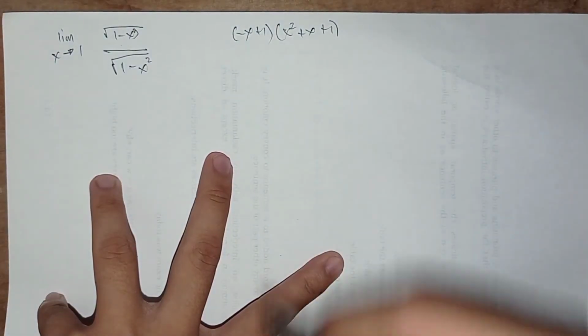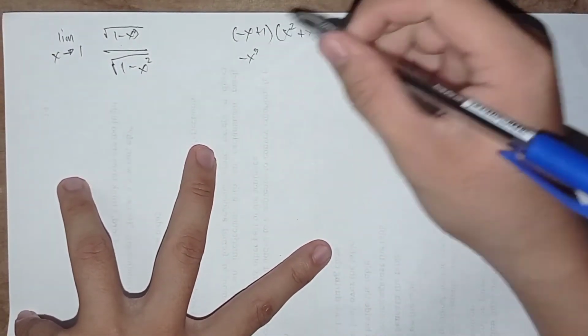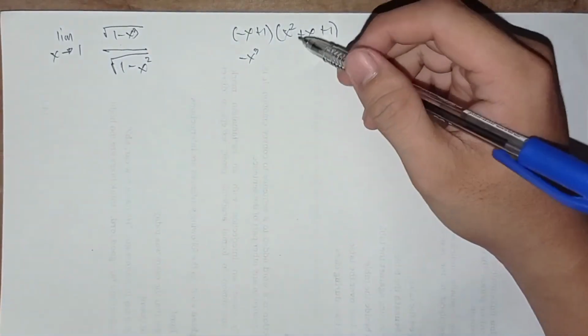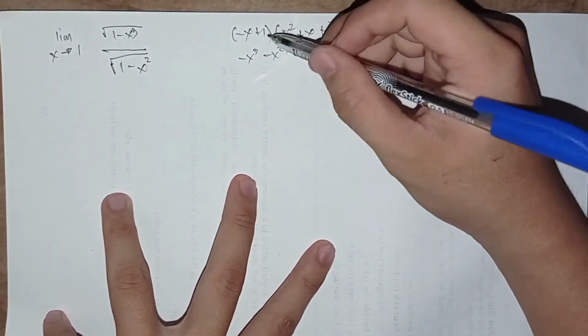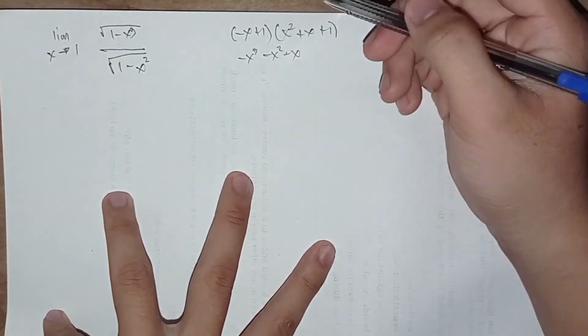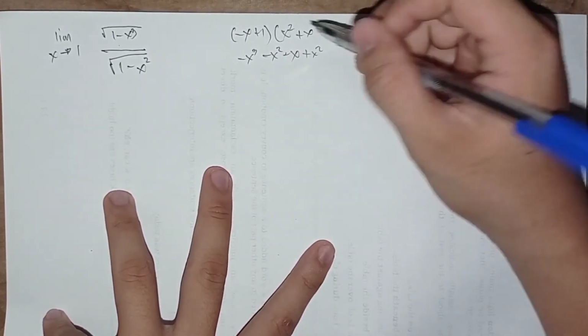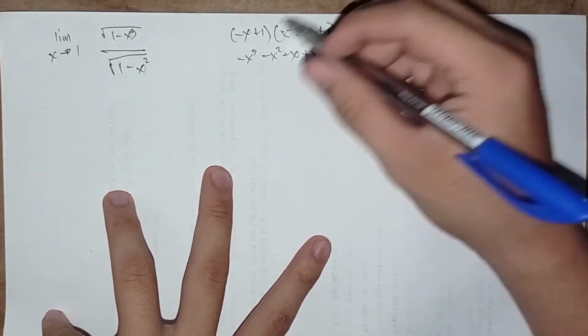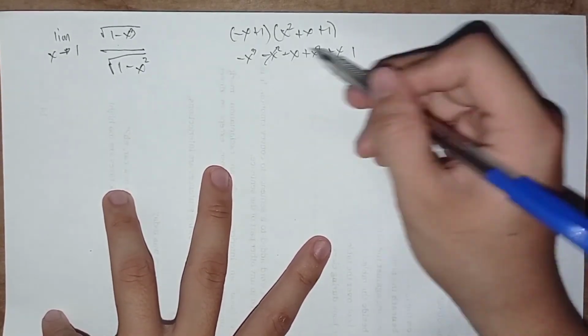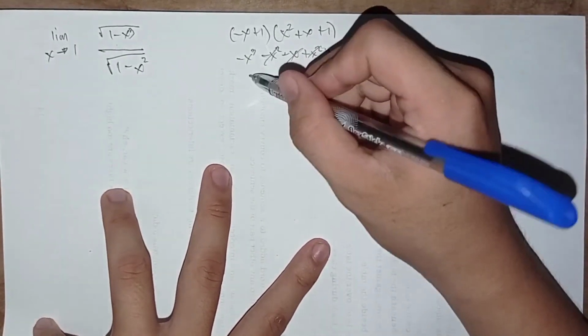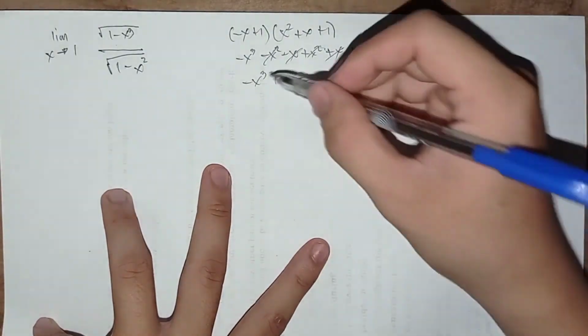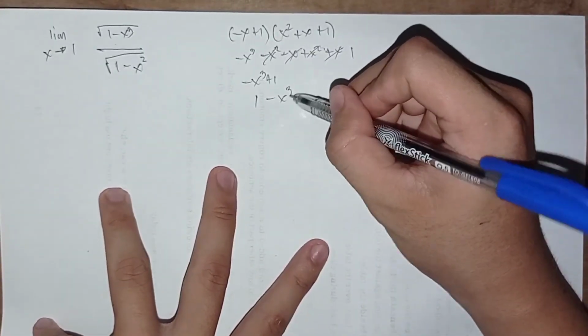Multiplying out: negative x times x squared is negative x cubed, negative x times x is negative x squared, negative x times 1 is negative x, positive 1 times x squared, positive x squared, 1 times x, positive x, 1 times 1 is 1. The middle terms cancel out, leaving 1 minus x cubed.